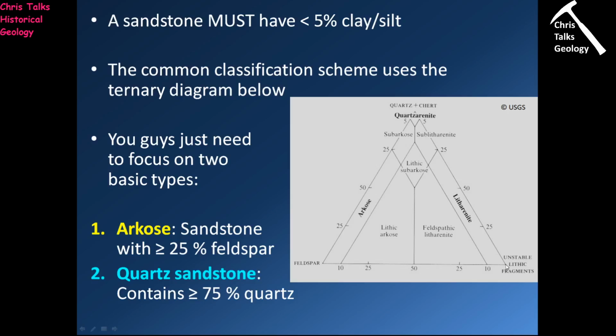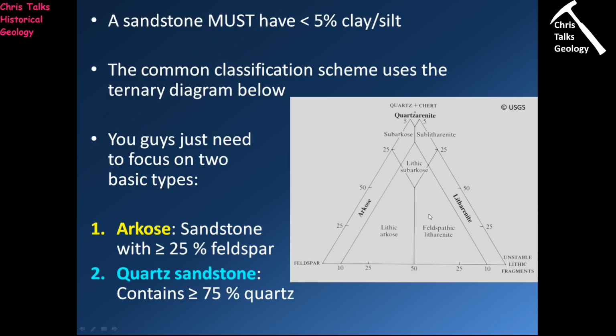So the vast majority of sandstones are going to fall pretty much along this side because most sandstones are dominated by quartz and feldspar. So most of your sandstones will be something like an arkose or a subarkose or a quartz arenite.